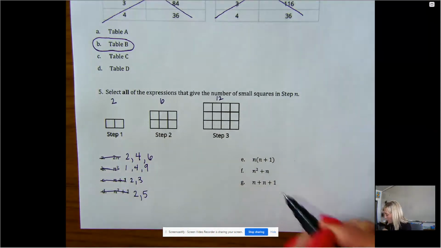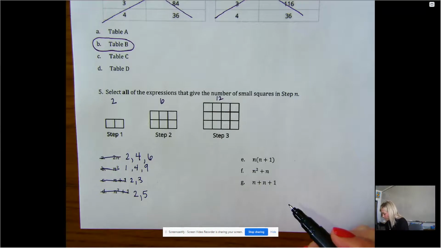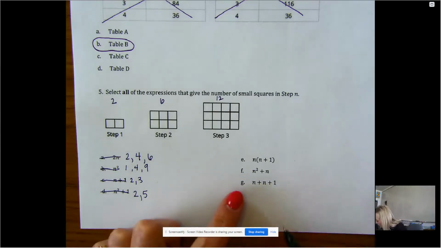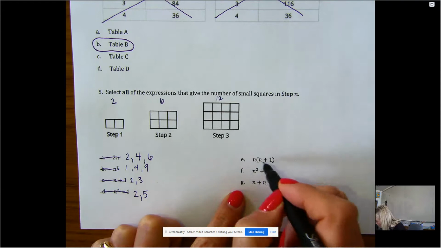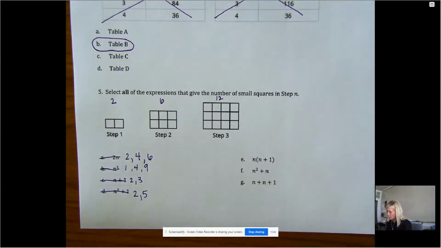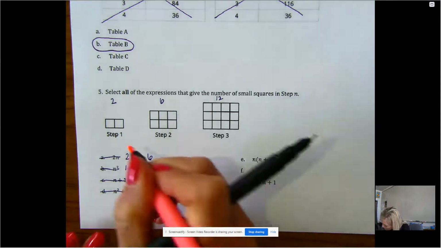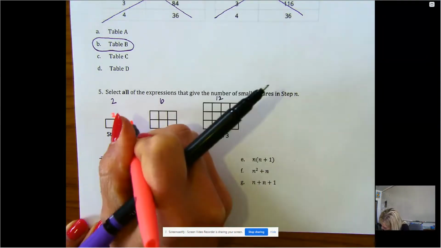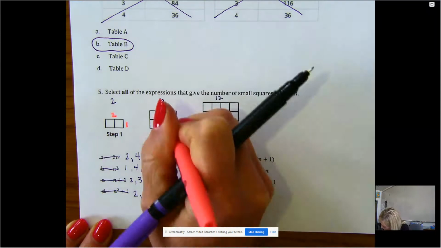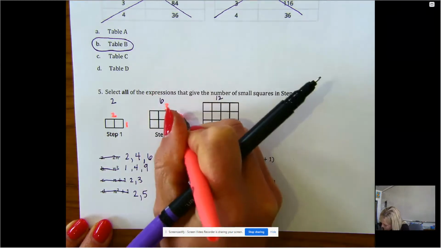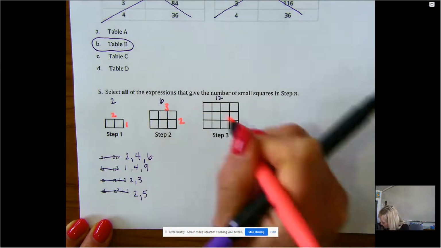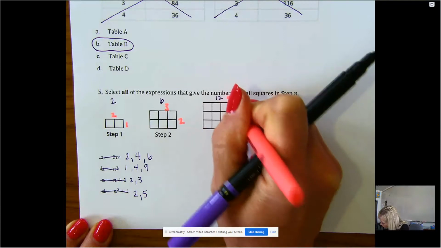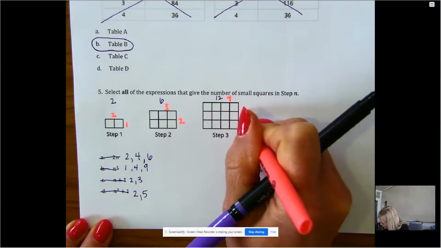Okay, and so we have a few more left. On E, n times n plus 1. So when I look at this figure, I see this dimension is 2 and this is 1. This is 3 and this is 2, and this dimension is 4 and this is 3.